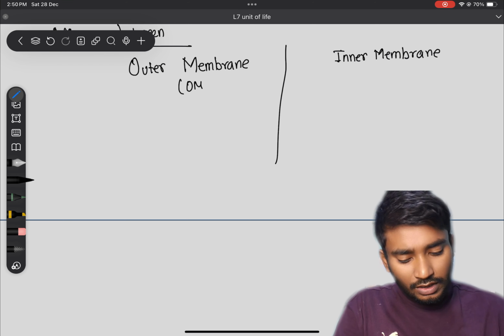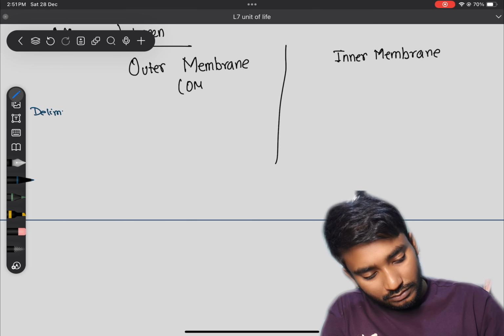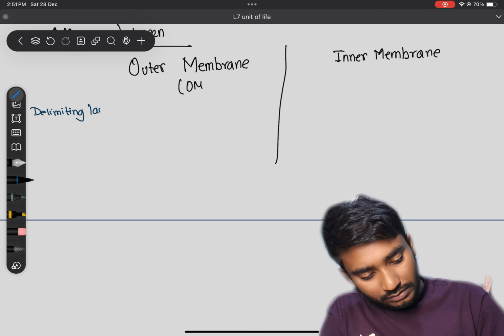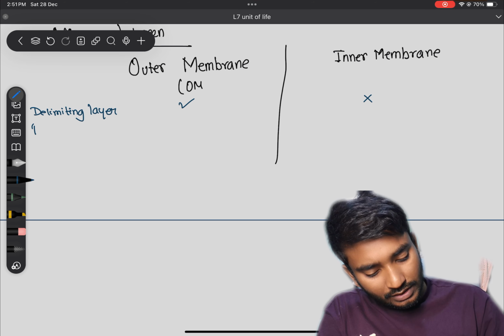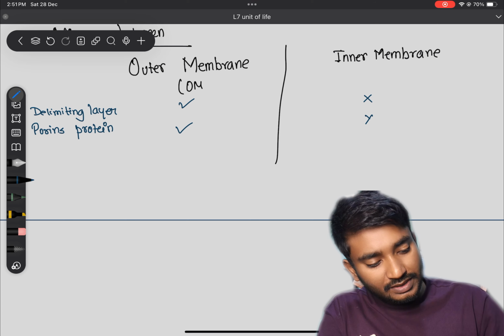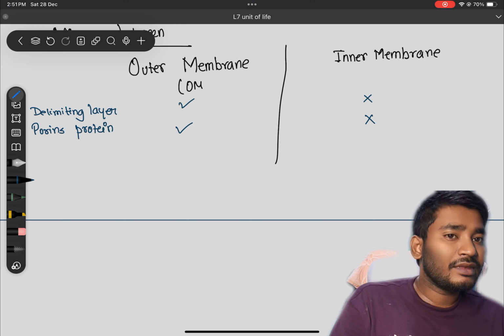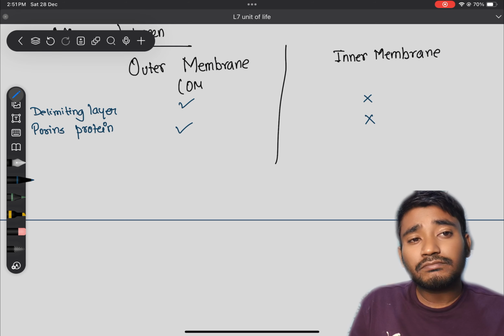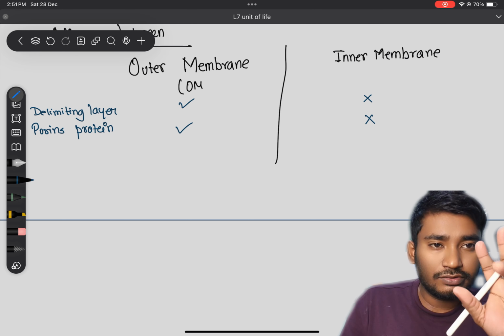Okay, so it has a delimiting layer, absent in inner membrane. Okay, porine proteins are present in outer membrane, absent in inner membrane. Due to the porine protein, we can see some facilitated diffusion. Okay, facilitated transports are being seen due to these porine proteins.